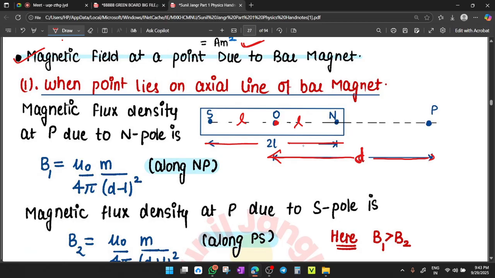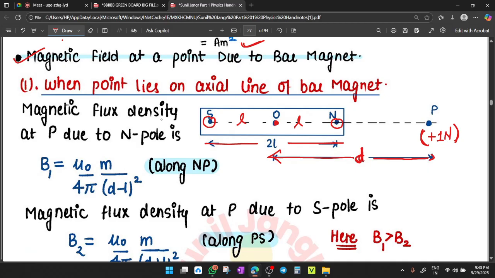Nitin, any problem? So we have two poles, one is south, another is north, and we have to find the magnetic field intensity at this point. We know magnetic field intensity is the force acting on a unit north pole. So we have considered a unit north pole here, first because of the south pole, and second because of the north pole. Now look here.